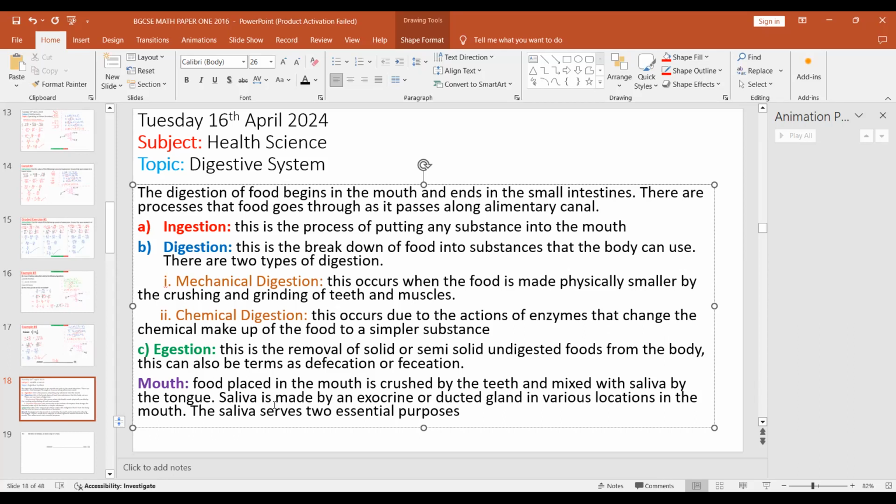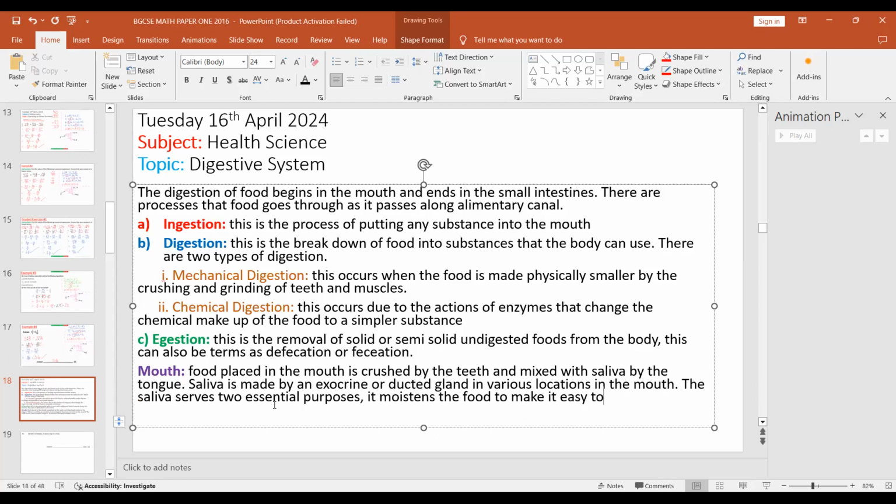So it moistens the food to make it easy to swallow. That's the first thing.